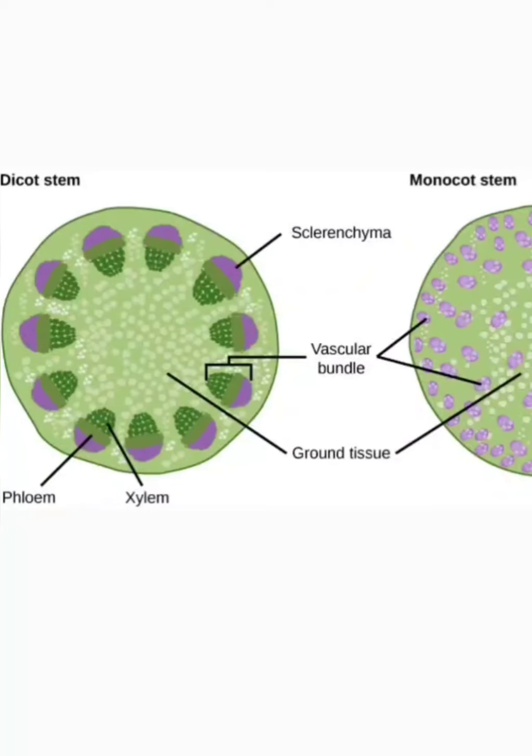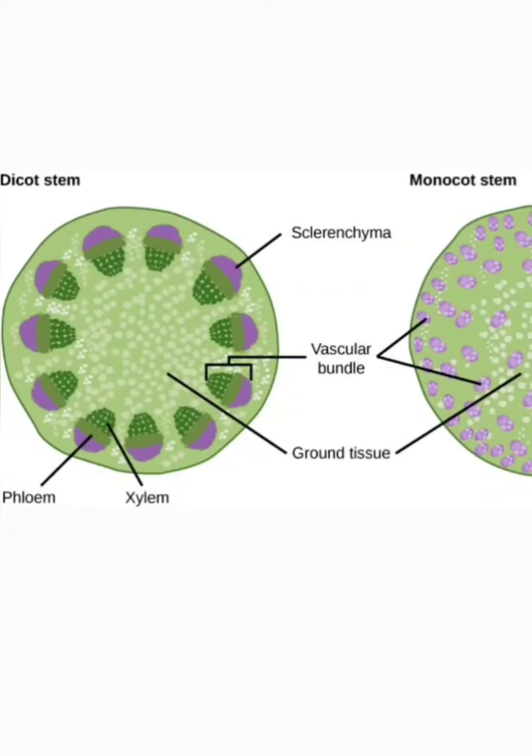The xylem tissue is responsible for the transportation of water and minerals like salts with the help of roots, whereas the phloem helps in the transportation of food materials prepared during the photosynthesis process. Hence, they are known as conducting tissue, or they are also called vascular tissue.